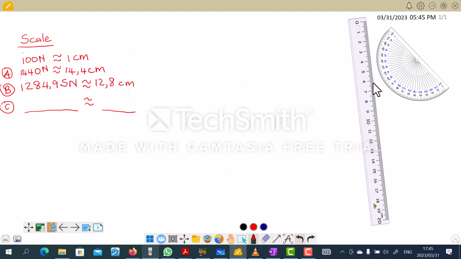So we have a protractor and a ruler. That's what you're going to need to draw your vector diagram. So let's quickly do the sketch first. I'm going to sketch that graph here.